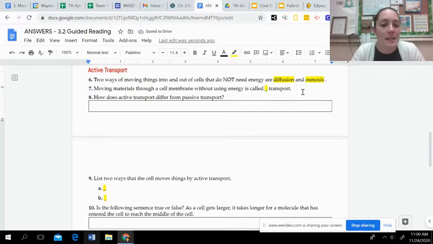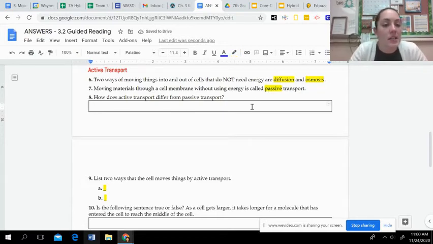You're just kind of passing materials or those molecules throughout. The cell's not doing anything or using any energy. So then that process where moving materials through a cell membrane without using energy is called passive transport.